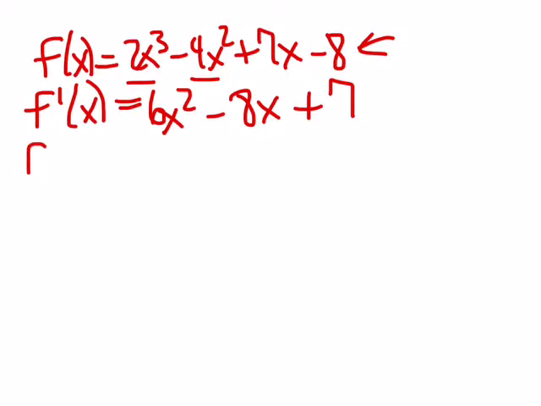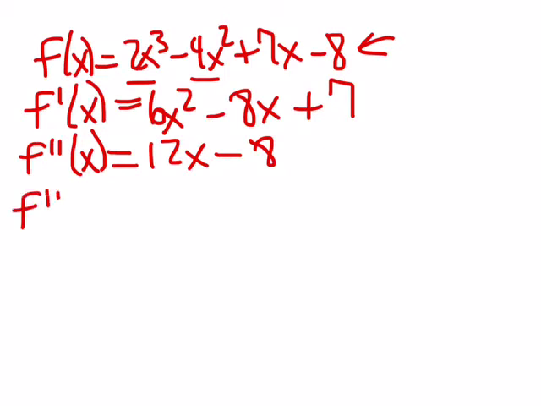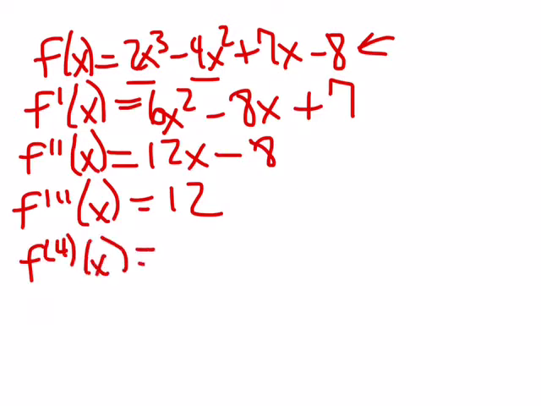I'm going to keep going, so we're going to get them all. You're going to see what happens, though. Next one, 12x with the power rule. Negative 8, derivative of negative 8x, and the derivative of 7 is 0. F triple prime of x is 12, and then 0, right? So just 12. And then the fourth derivative, derivative of 12 is 0.